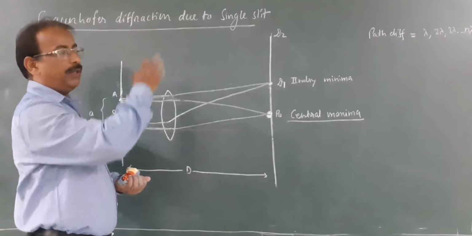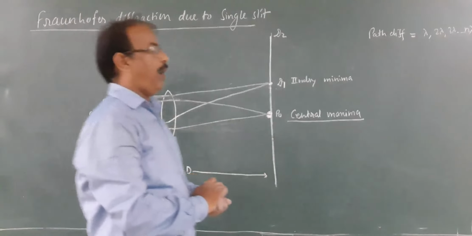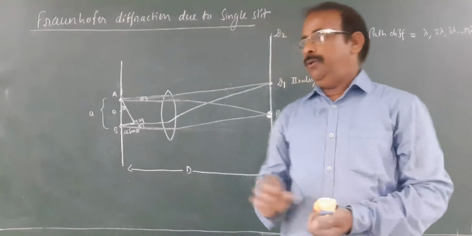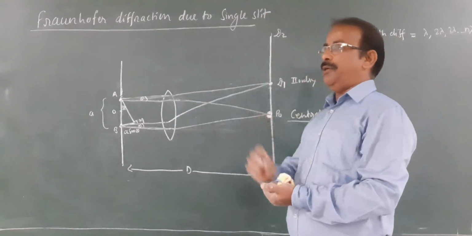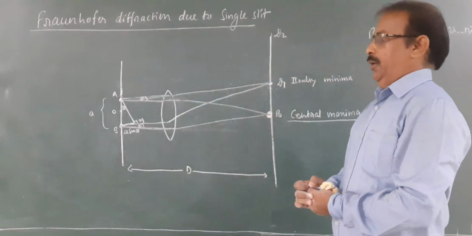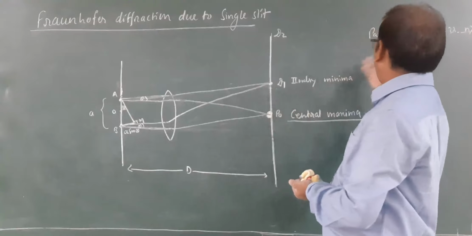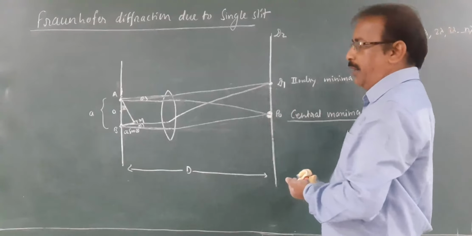Similarly, for third minima you get path difference 3 lambda and so on. These are the requirements in the diffraction pattern to get secondary minima. How is secondary minima formed when path difference is equal to lambda, 2 lambda, 3 lambda, n lambda?